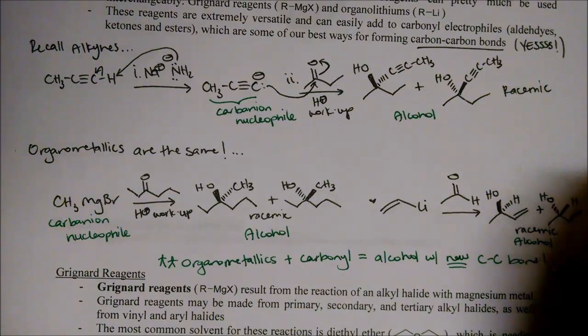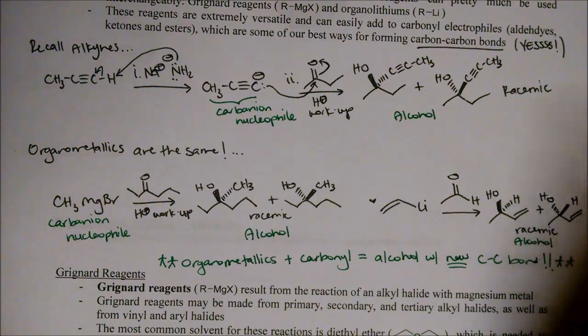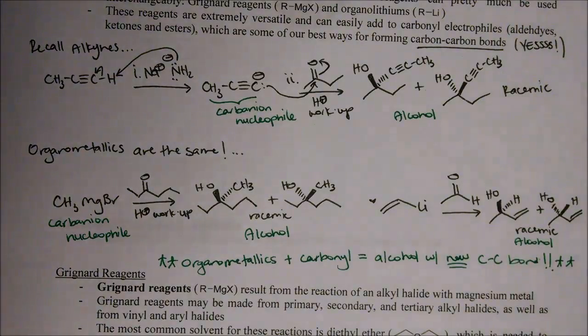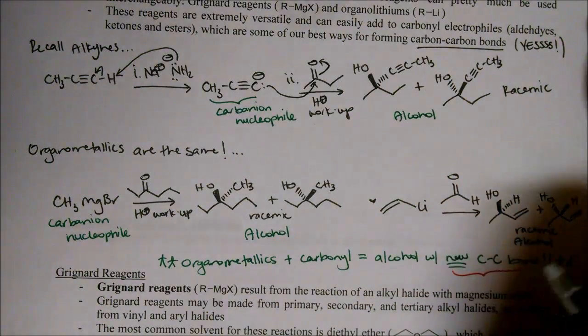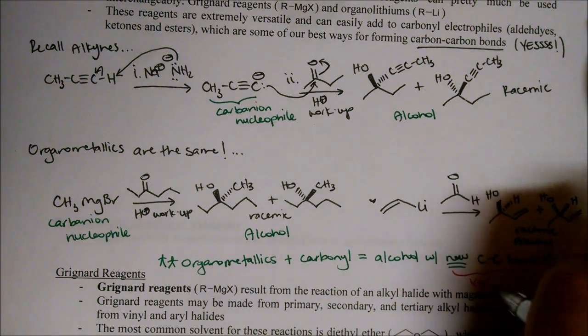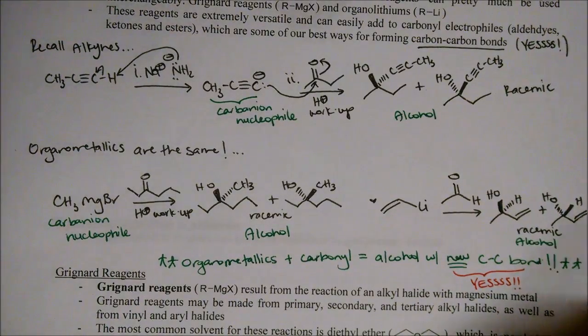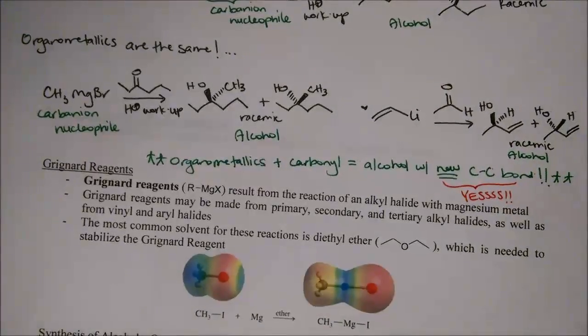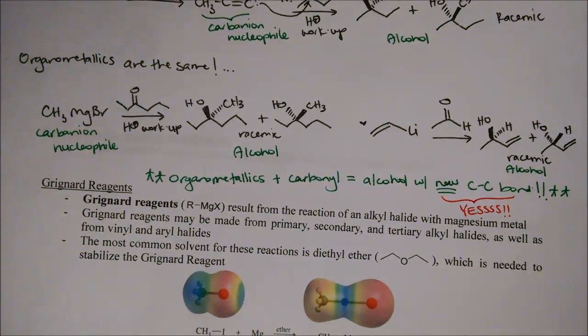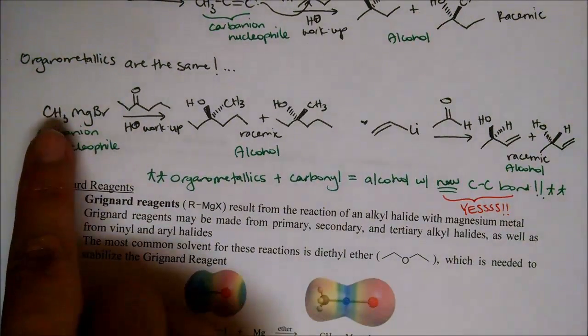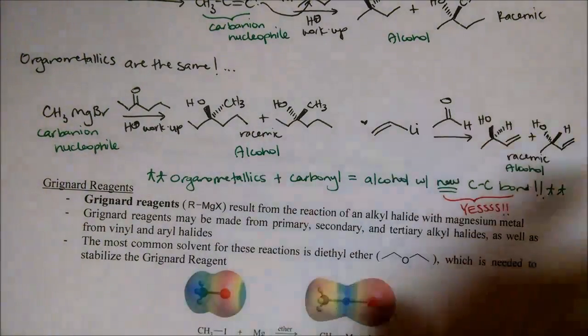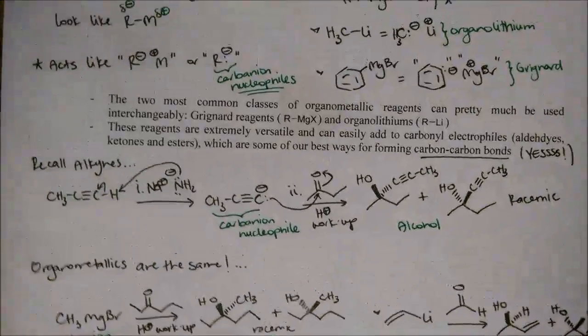Oh my gosh, it's momentous. And we will denote this with the new color again, saying how awesome it is. Hopefully you'll want to use these all the time. They do have limitations, but still, for now, let's just be excited that we can make pretty much any carbon a nucleophile.